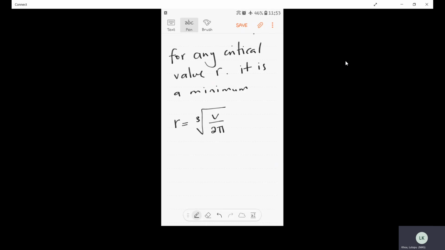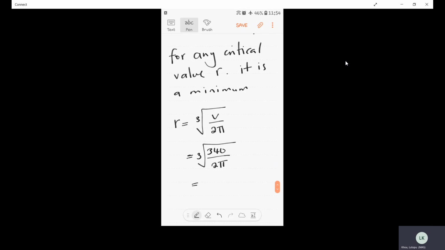Now the question continues, or in the exercise it says if the volume of the can is 340 millimeters, remember 340 millimeters is 340 centimeters cubed, what should the radius be? Here we just substitute, and then we have 340 centimeters cubed divided by 2 pi.